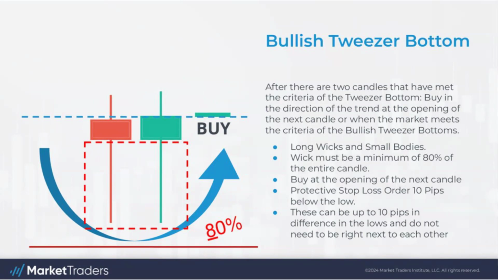Now the next candlestick is the tweezer bottom. So the tweezer bottom is a bullish candlestick. We also have the tweezer top, which is a bearish pattern. Okay.